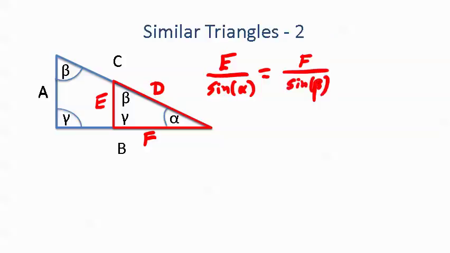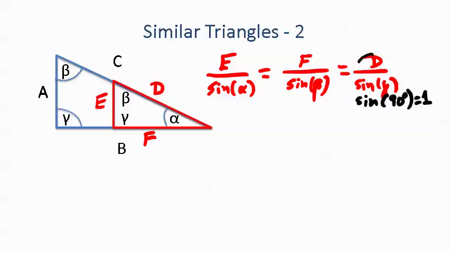And we're not going to worry about the last angle, gamma, because this one is going to be side D divided by sine of gamma. But we do know that this is the sine of 19 degrees, which is equal to 1.